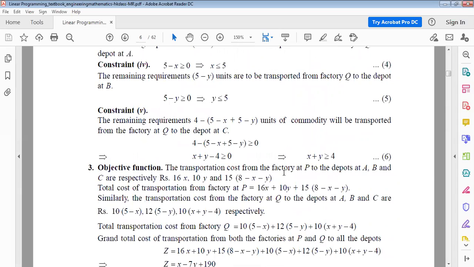We have taken X for depot A, so this was 16X, and for B it will be 10 taka, so this was 10Y.